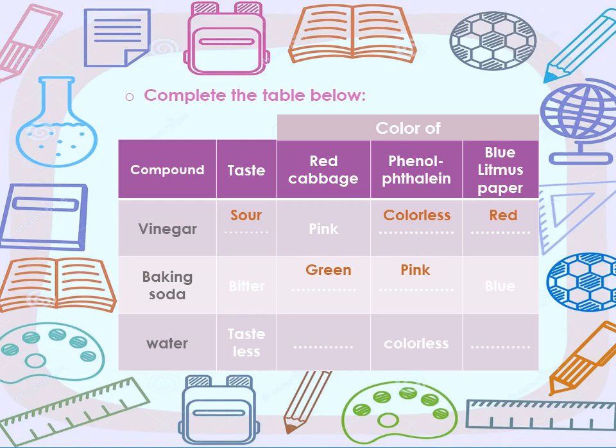Third example is water. Water is tasteless, then it is neither sour nor bitter. Therefore, it is a neutral compound. Neutral compound does not change the color of an indicator. So red cabbage will remain purple, phenolphthalein will remain colorless, and blue litmus paper will remain blue.